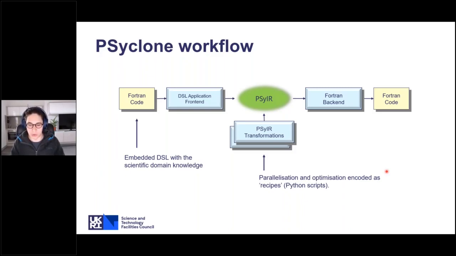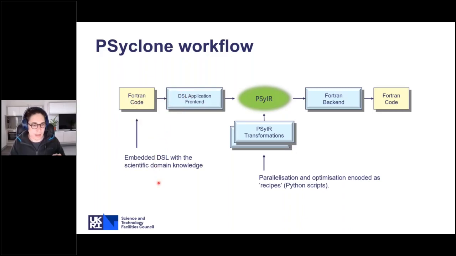We think this should really be separated and decoupled in the code. And as you can see here, the domain-specific knowledge is completely described and embedded in the Fortran code, which the front end is going to parse.